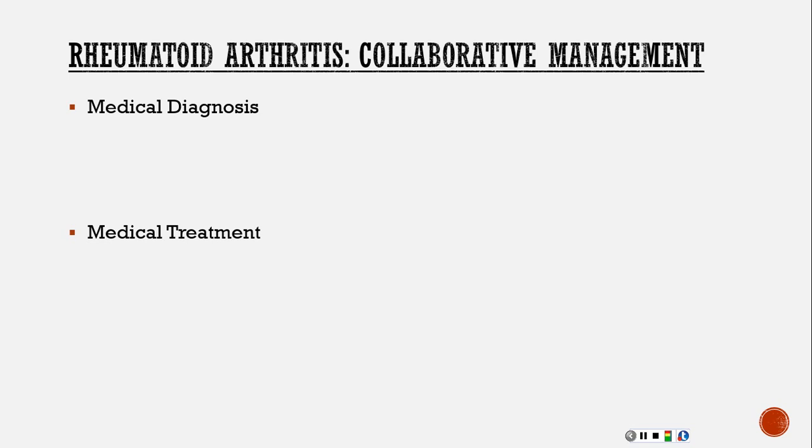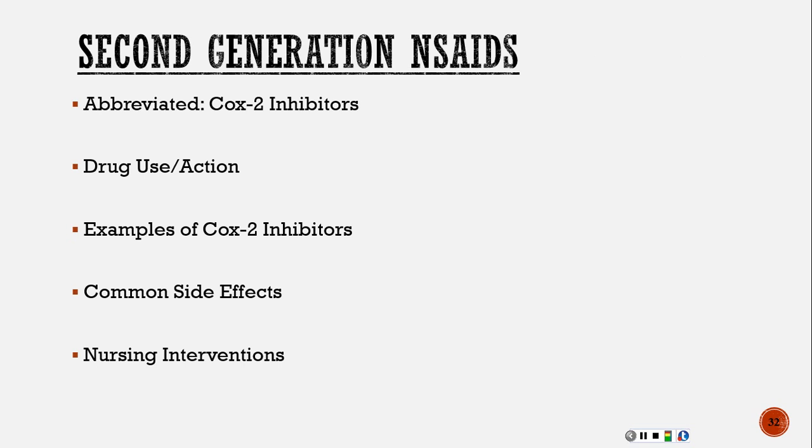All right, now when we've moved into the second generation NSAIDs, what are some of the things you need to be aware of? We're talking about Celebrex, not Celexa, I'm sorry, that's an antidepressant.